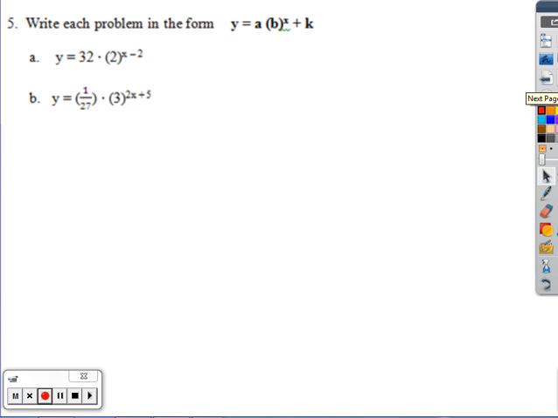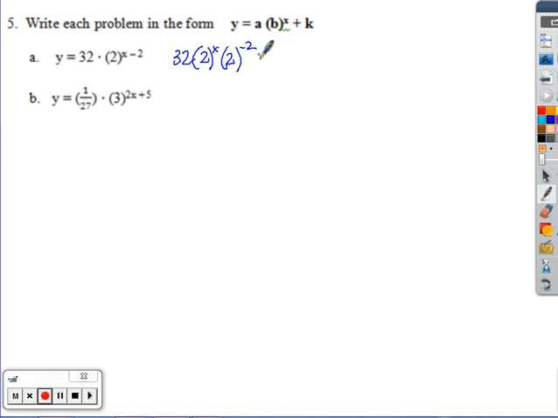Right, each problem is in y equals a times b to the x plus k form. I don't think we have any plus k's here, but let's take a look at this. Just like when we bring exponents together, we can also separate them. So we take this base of 2, we give it to the x, and we give it to the negative 2. So we end up with 2 to the x and 2 to the negative 2.